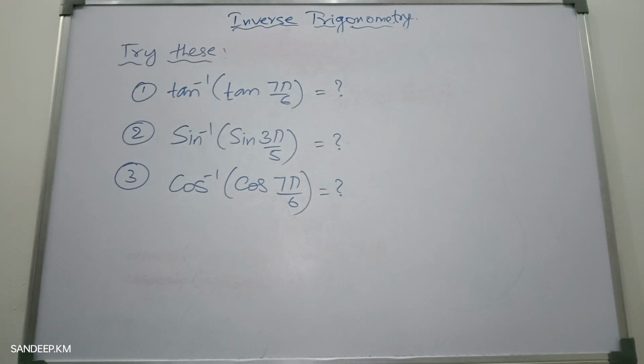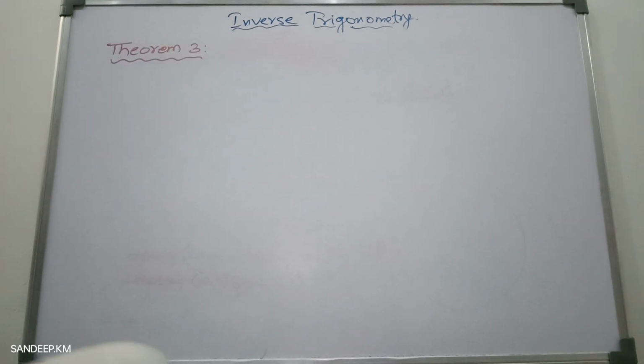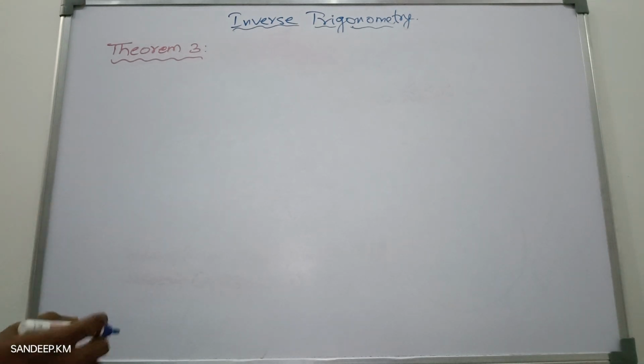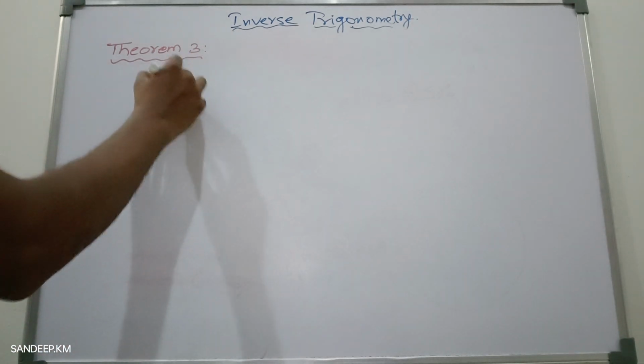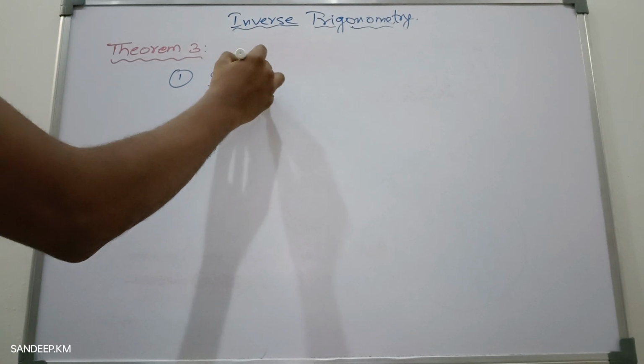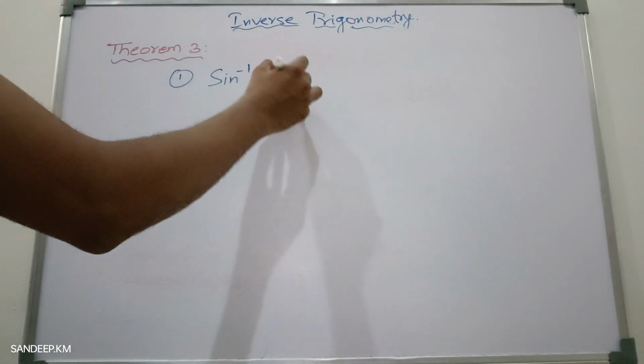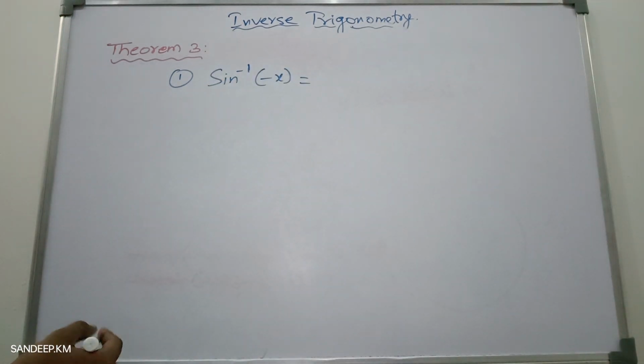Fine. Now we are getting into the next theorem. It is about sine inverse of minus x, cos inverse of minus x, etc. Theorem 3. In that, what is the first one? Sine inverse of minus x. What is sine inverse of minus x?